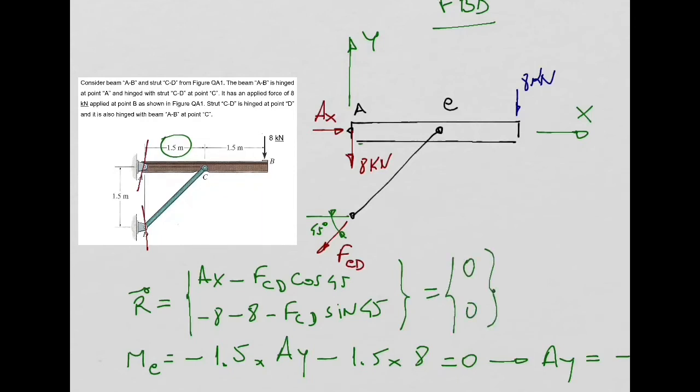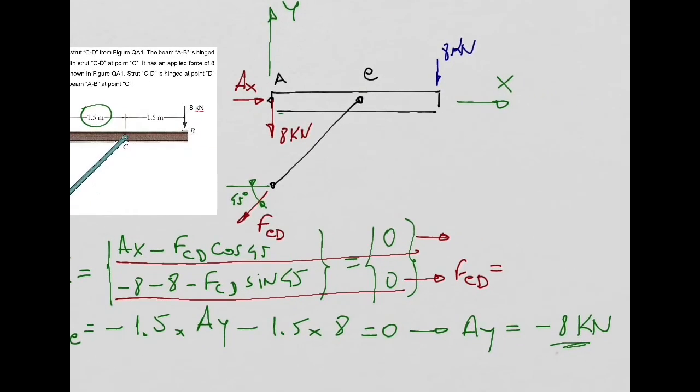So from this first equation here we get, it's better to work out the y component. From here we get FCD. How much is it? Which is the force in the strut. How much is FCD? Give me the final.